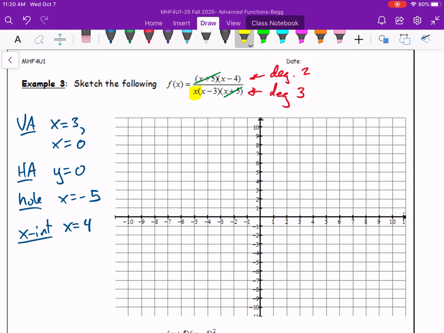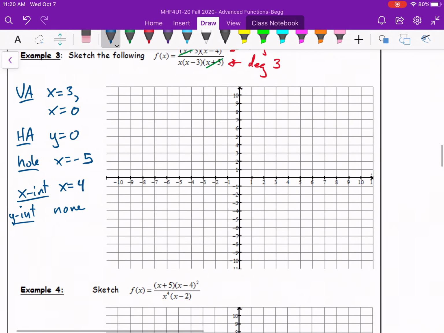That's why we have a vertical asymptote at x equals 0. What that means is there is no y-intercept. Because there's a vertical asymptote there, we can't have a vertical asymptote on the y-axis and have a y-intercept. So there's none. Okay, so let's sketch what we've got so far.